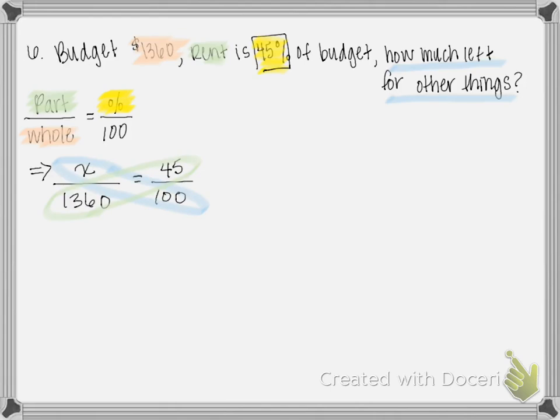Okay, so we have x times 100 to get 100x equals 61,200. Then to solve for x, we need to divide by 100. We should get x equals $612.